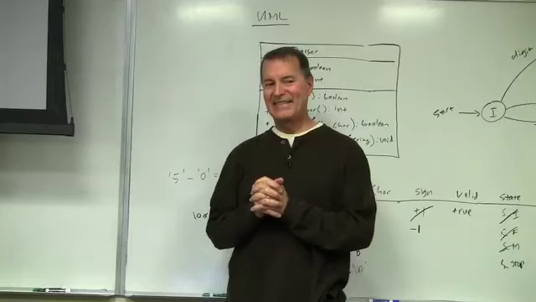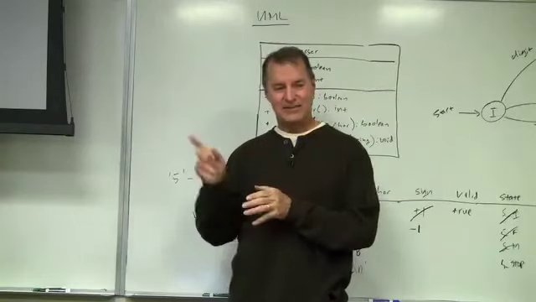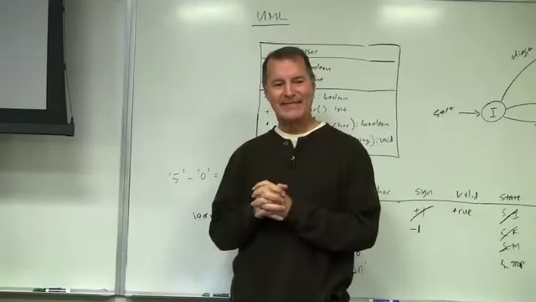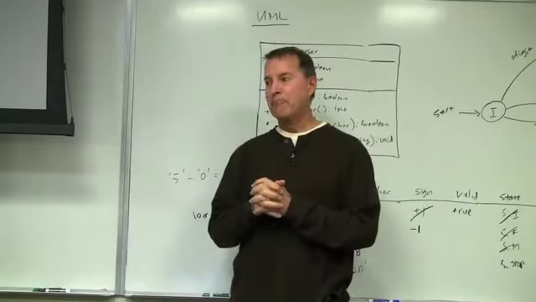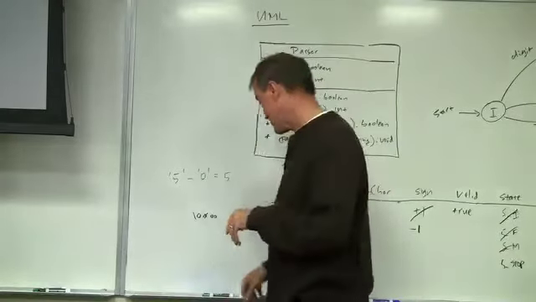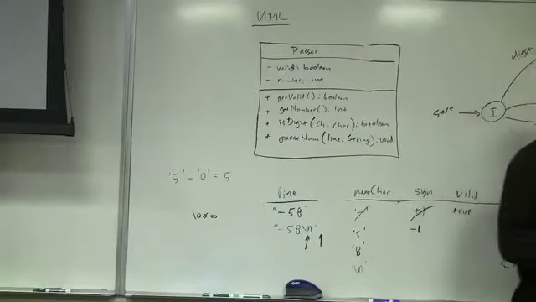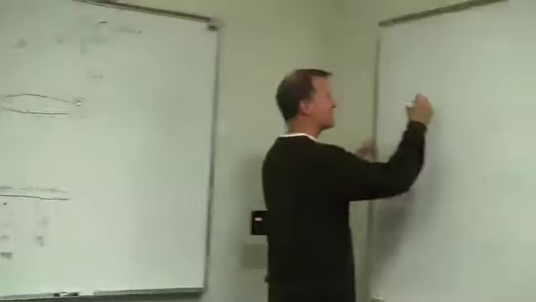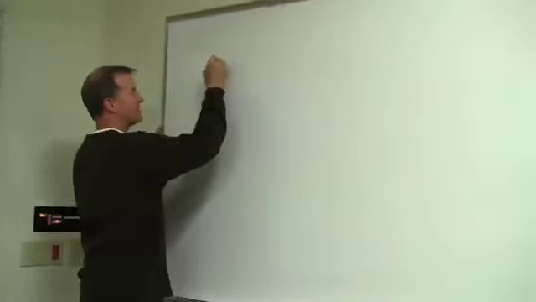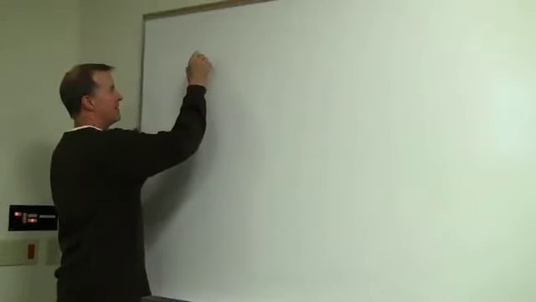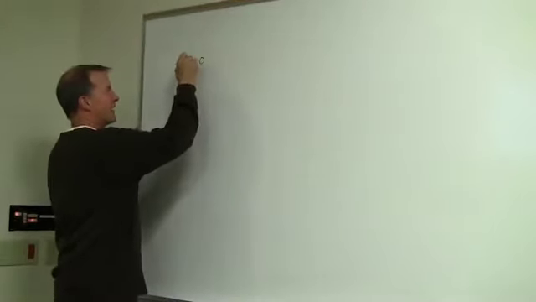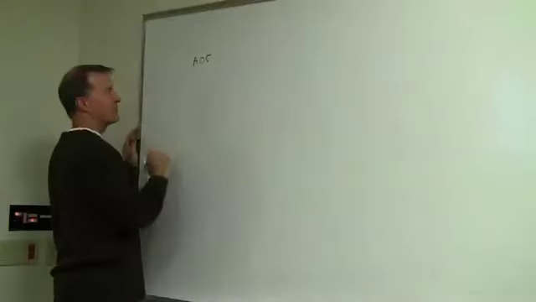So what's the input? What's the output? The input is hexadecimal. What is a hexadecimal digit? It could be 0, or it could be like A, 0, 5.